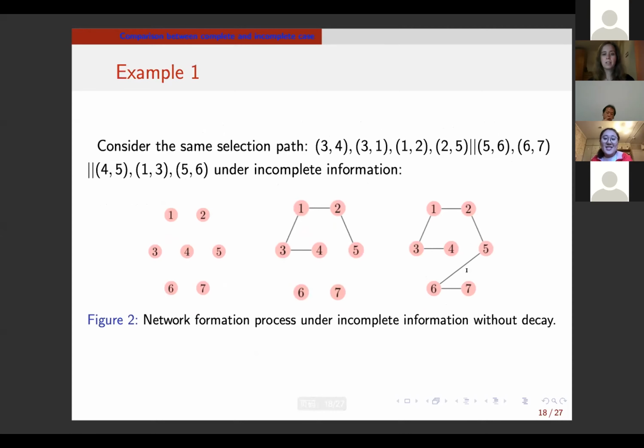But this is not necessarily true under incomplete information. For instance, in figure 5, there is no direct link between 5 and 4, or 5 and 3, so there is no direct link between him and the players in the same group. This is the first example.